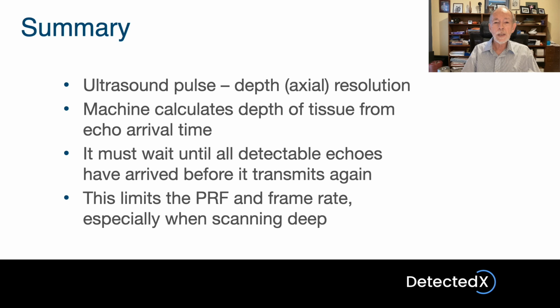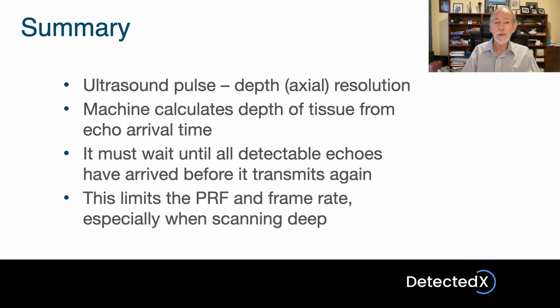So to summarize, I've discussed the ultrasound pulse, and that the best resolution is achieved when the pulse is short. So when the pulse duration is short, and when the spatial pulse length in the tissues is short. And this is achieved by using the highest possible frequency. I've shown how the machine calculates the depth from which each echo comes.